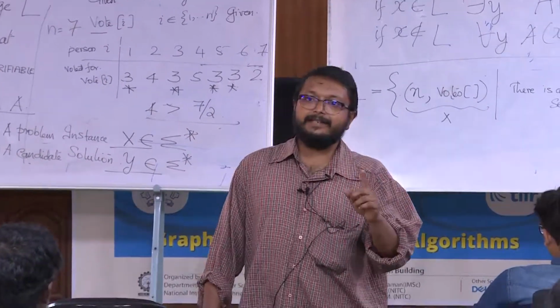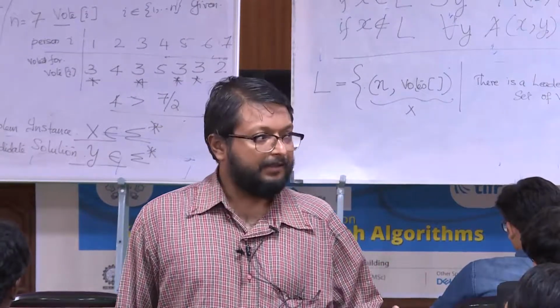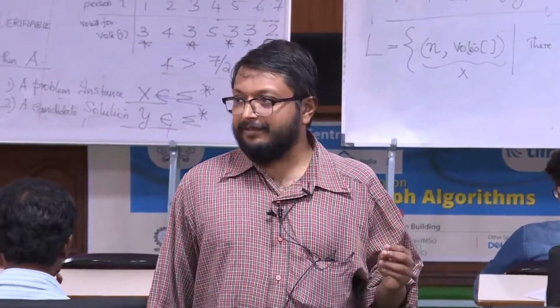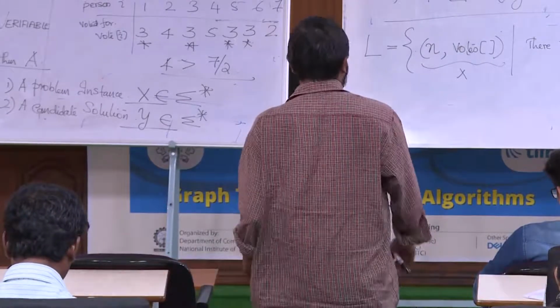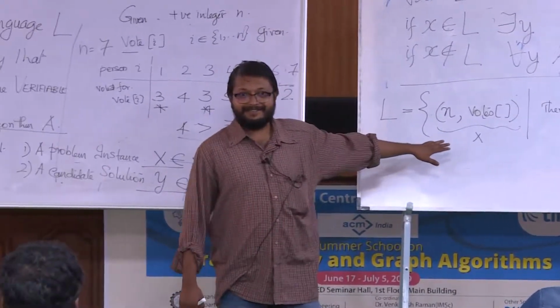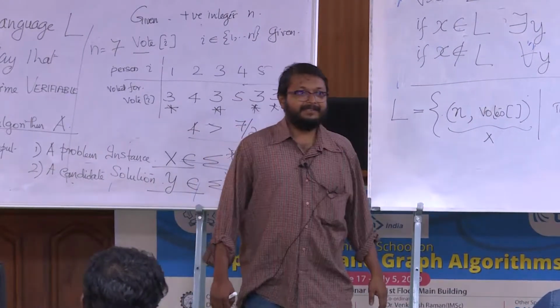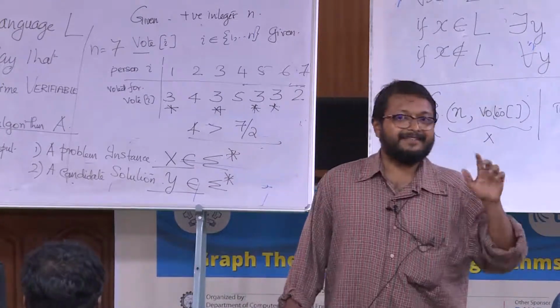If x has a leader, then you should return 1. If x has no leader, return 0. But there is a little bit of confusion because this x is different. This is the problem instance x. So let us call the candidate y instead of x.